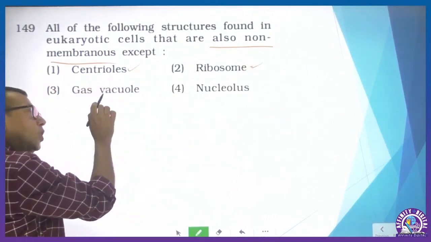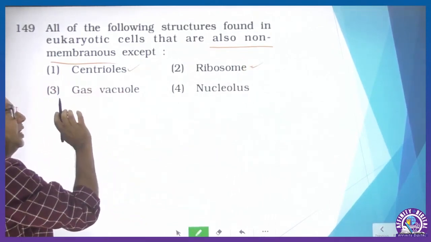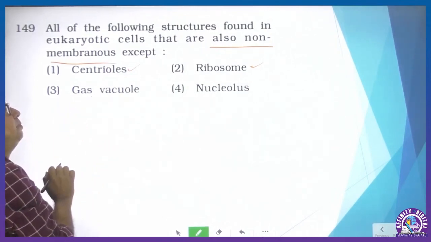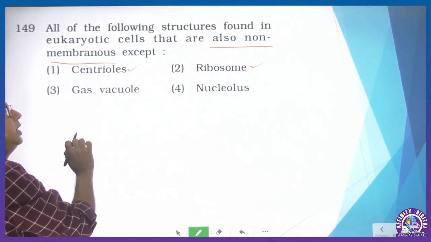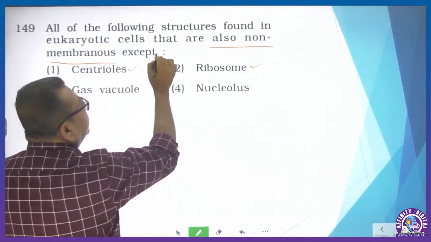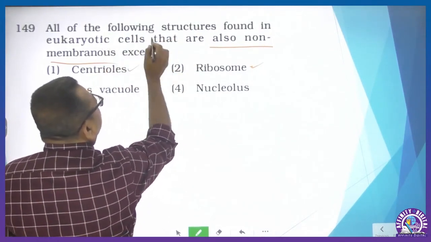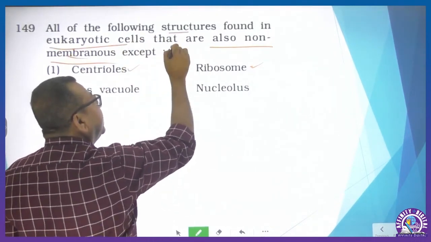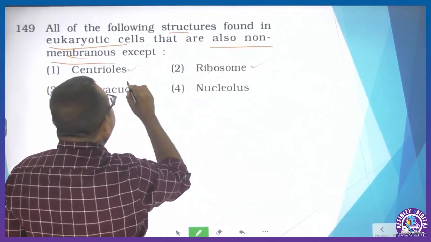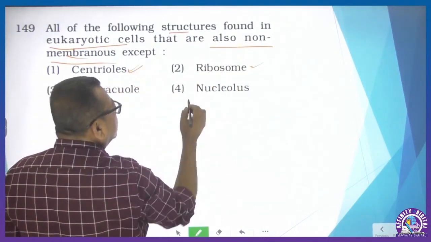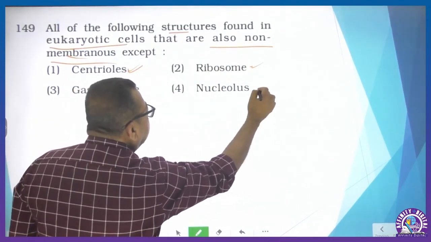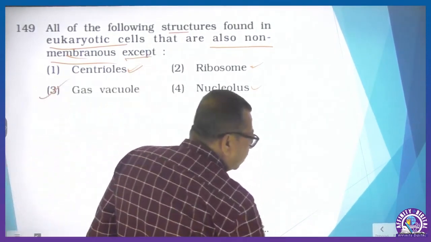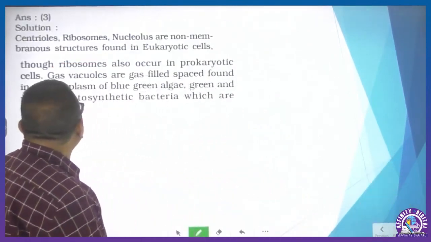Gas vacuole is non-membranous, but it is found in prokaryotic cells like blue-green algae, green bacteria, purple photosynthetic bacteria, लेकिन ये तो प्रोकैरियोट है तो इसलिए नहीं है. तो centriole होगा, ribosome होगा और nucleolus भी होगा. So except gas vacuole, option number 3 is the answer. ठीक है, option number 3 is the answer.